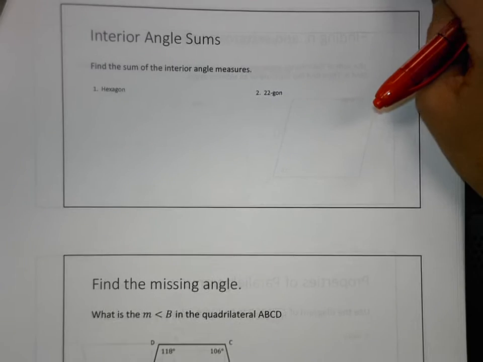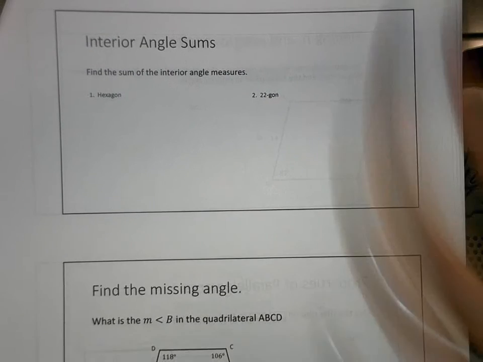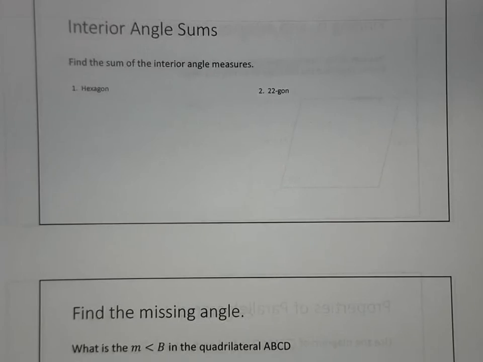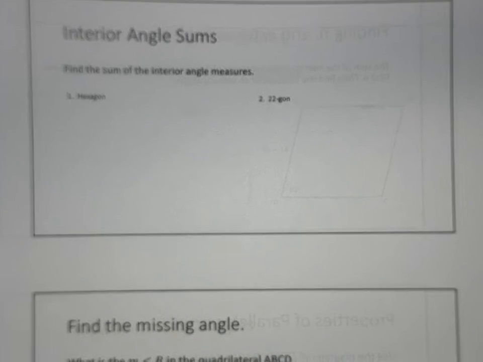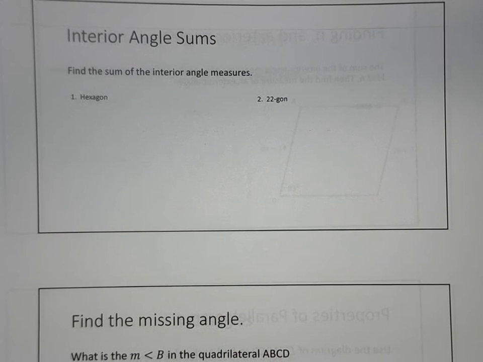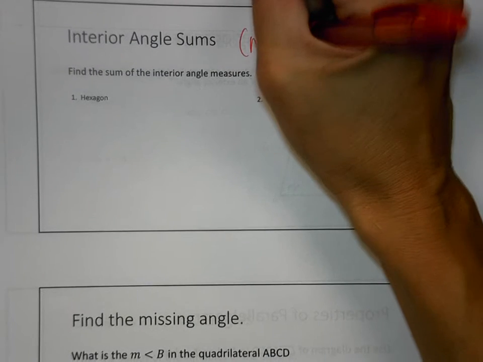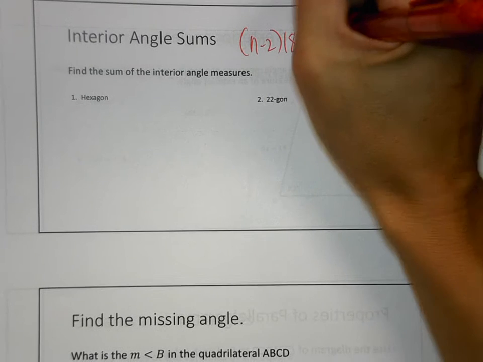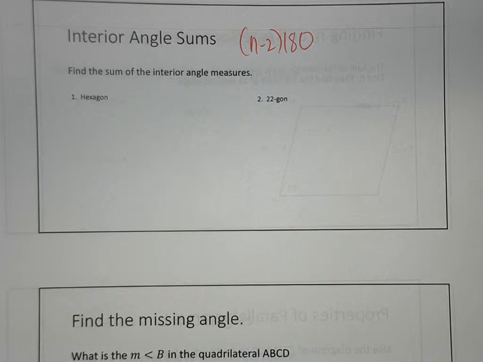So again, all of this, besides that, is a review. And so right here on number 1, a hexagon. Find the sum of the interior angles. Do you guys remember the formula for finding the sum of interior angles? Good job. Okay, so I'm going to give you about a minute to find the answers to number 1 and 2. Again, if you see this on a review right now, you will see it on your quiz later today.